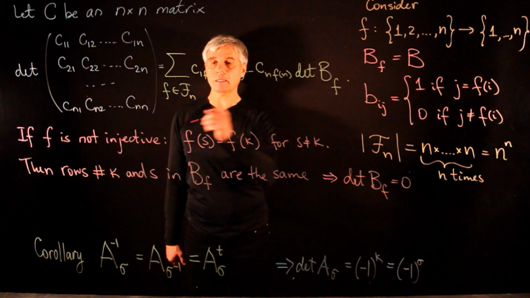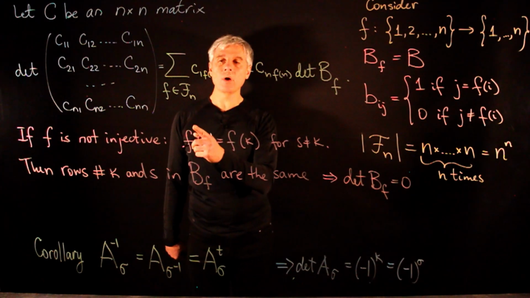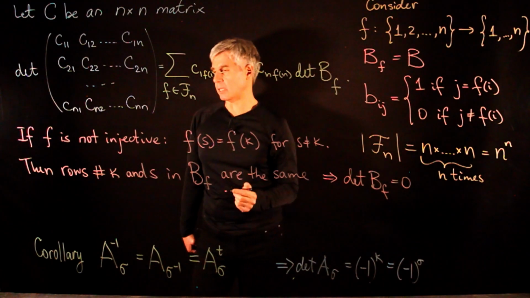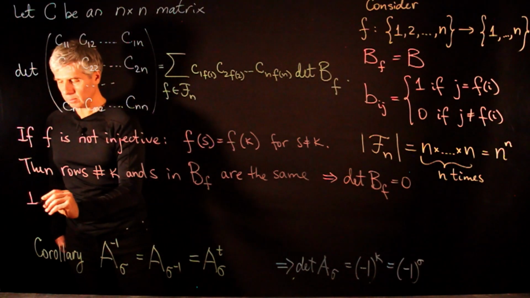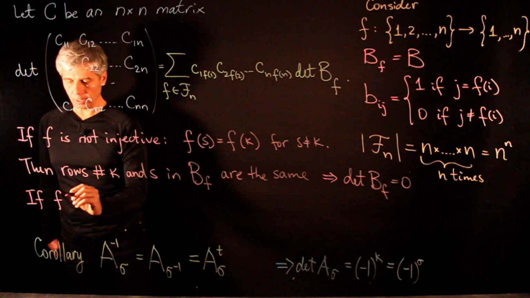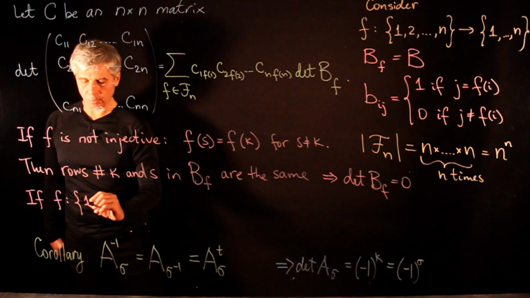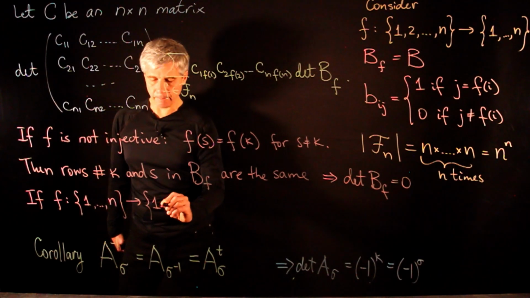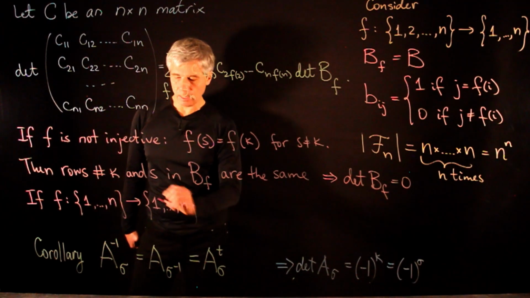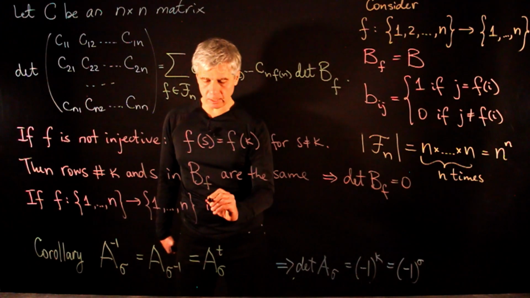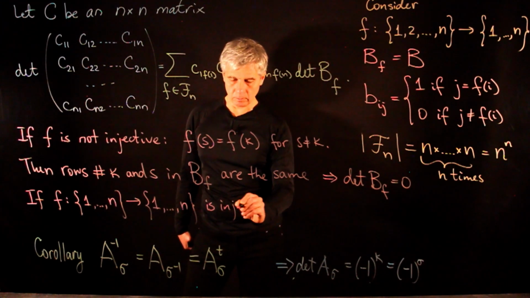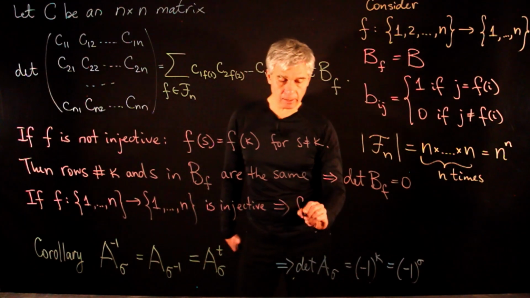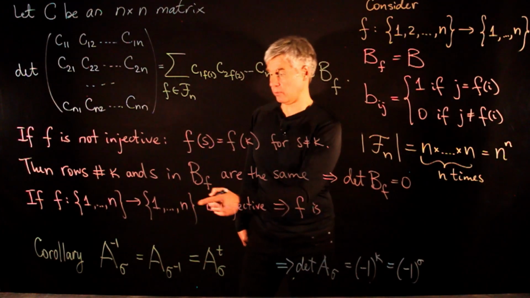So this means that in the sum, we can drop all the functions that are not injective. But if here we have a function from the set from 1 to n to the same, and if this function is injective, then this implies that f is also surjective, right?